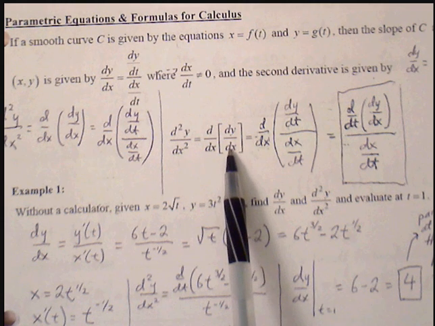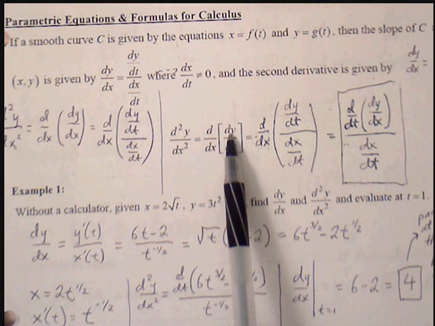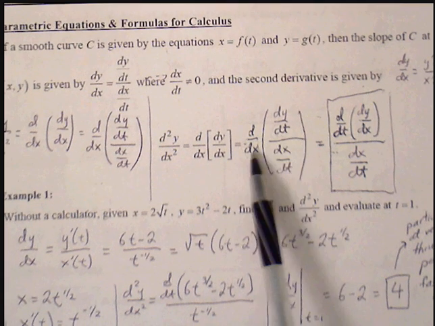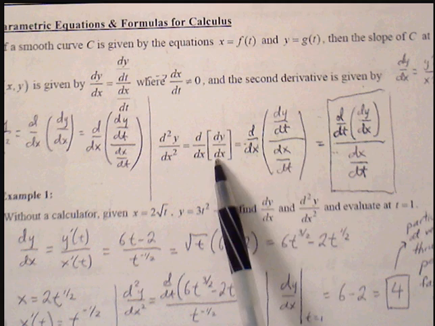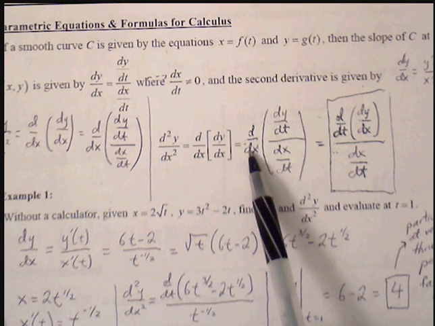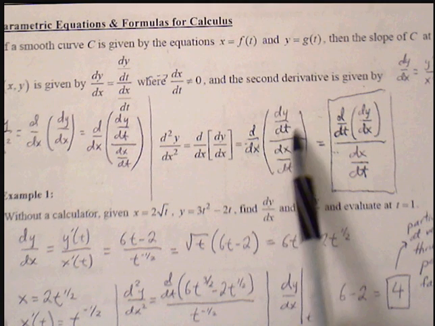So let's expand this dy/dx. dy we can think of as dy/dt, and dx we can represent as dx/dt. Now we have to think of this d/dx as impacting only this dy/dt.